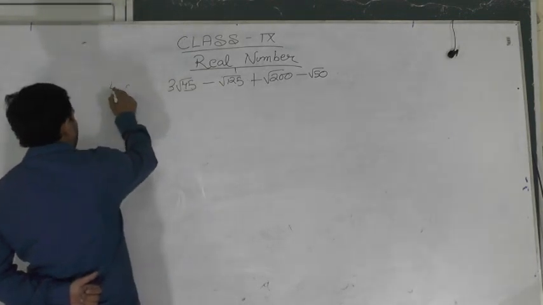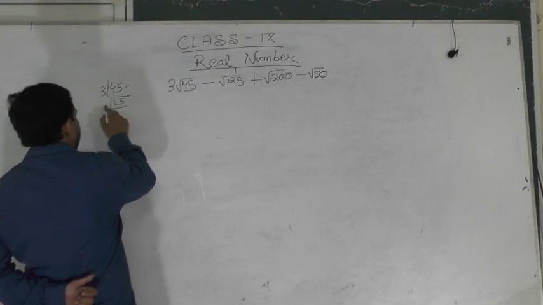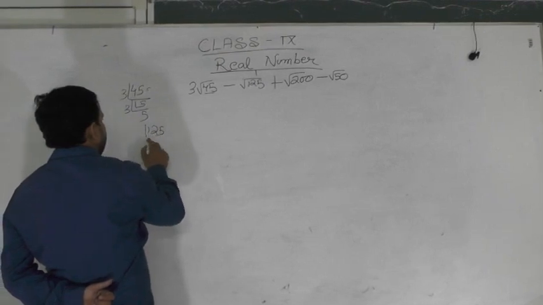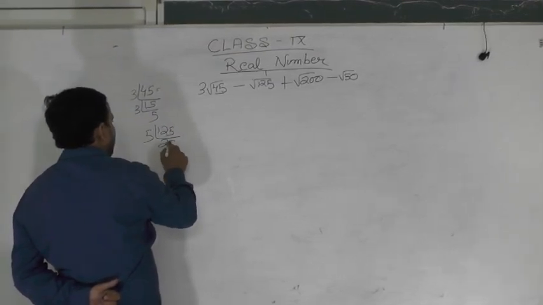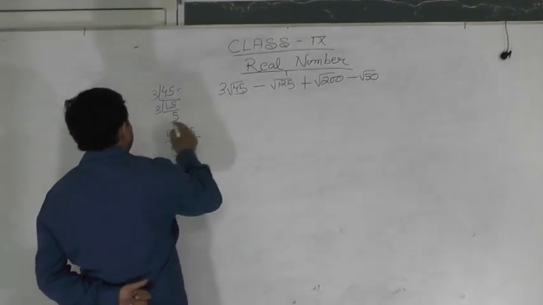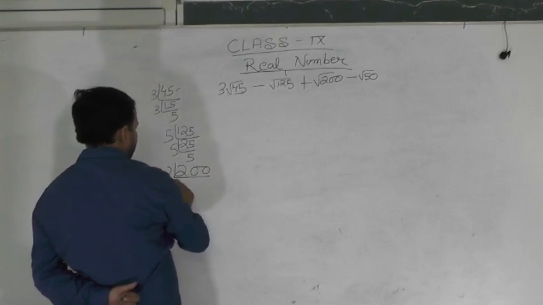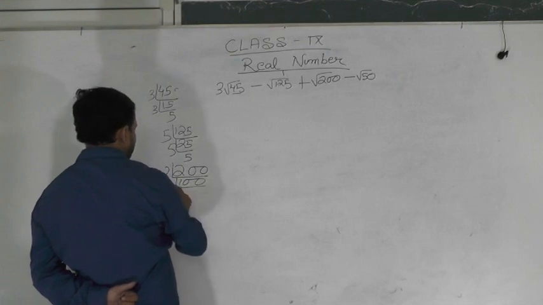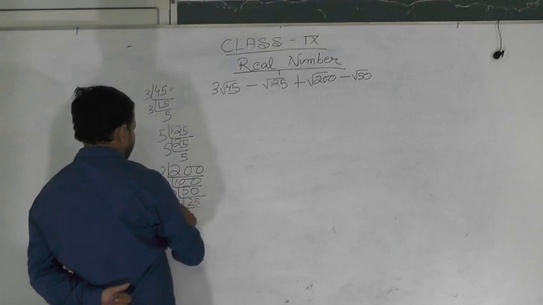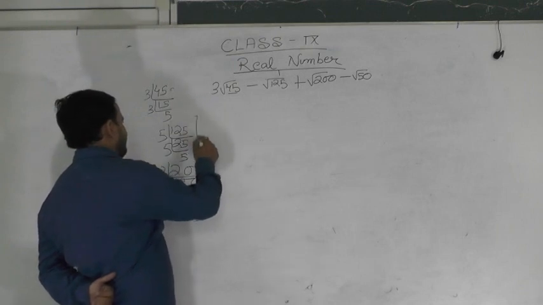For 45 you can write it as 3 into 15, that is 3 into 3 into 5. For 125 you may write it as 5 into 25, that is 5 into 5 into 5. And for 200, you can do the prime factorization of all the terms separately.